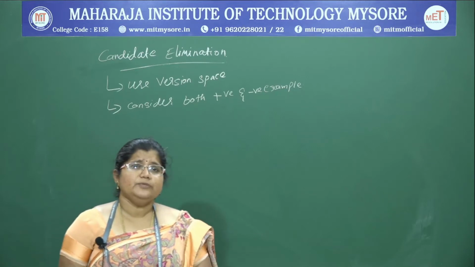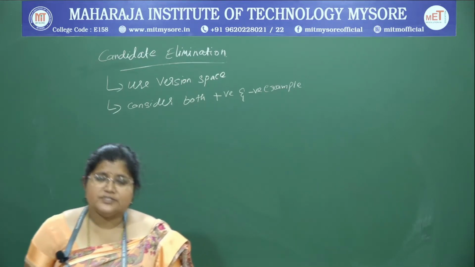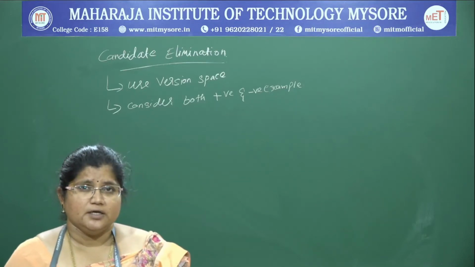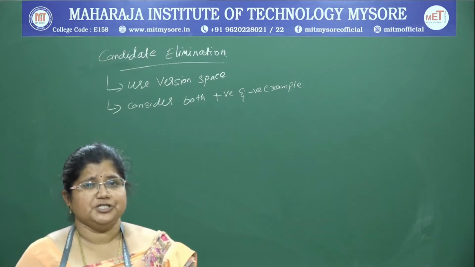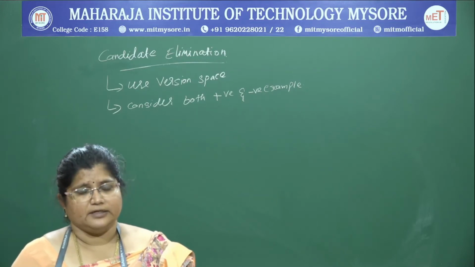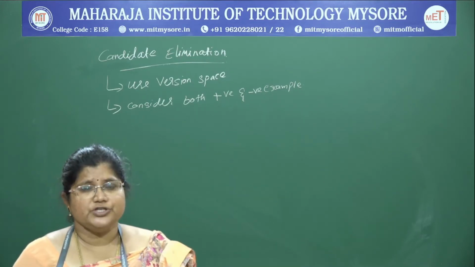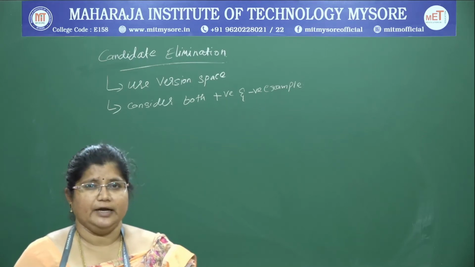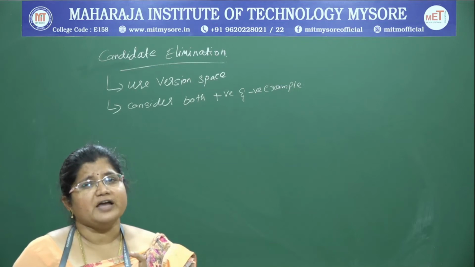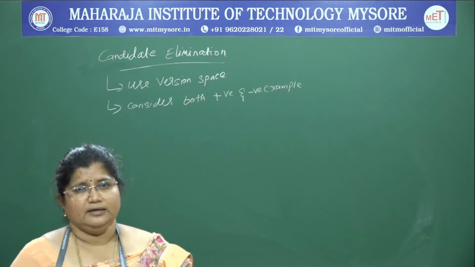To overcome the drawback, we have studied the creation of a version space, where a boundary is created, a specific to general boundary. Inside that boundary, a subset of hypotheses is generated.